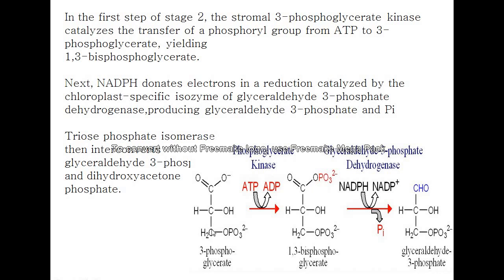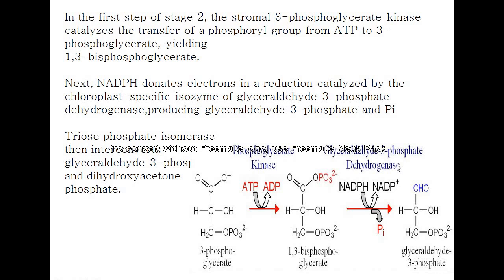So 3-phosphoglycerate now becomes 1,3-biphosphoglycerate. This phosphate is attached to this. This is catalyzed by the enzyme phosphoglycerate kinase. Kinases we know, ATP utilizing, transferring phosphate from ATP to this 3-phosphoglycerate, and it becomes 1,3-biphosphoglycerate.